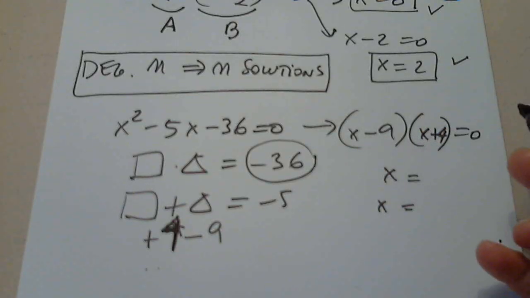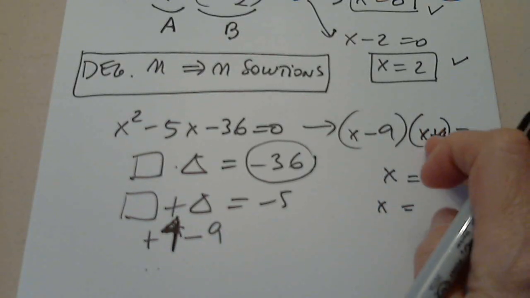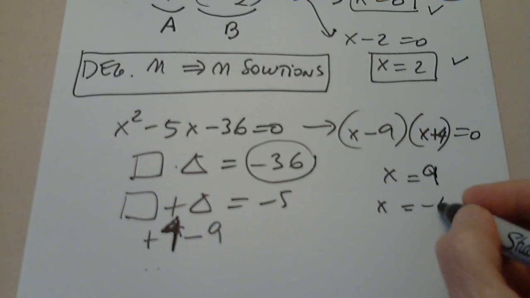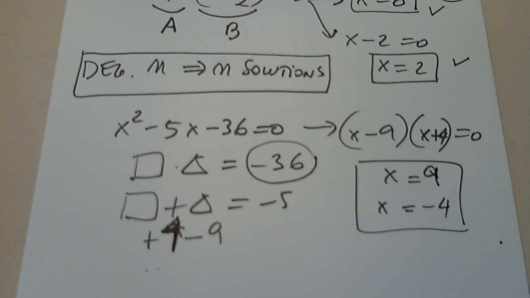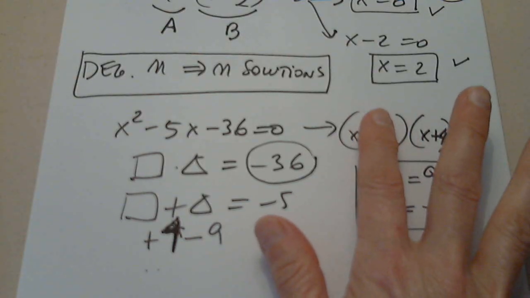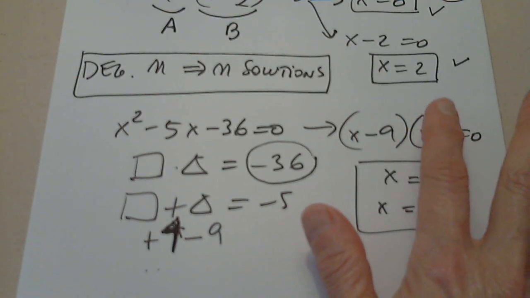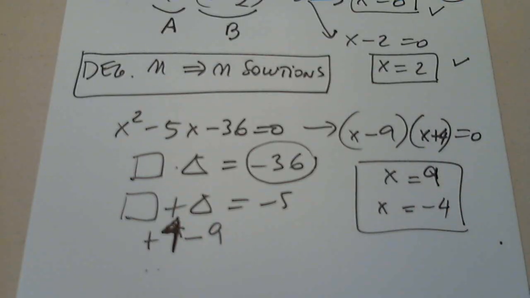So when x minus 9 equals 0, then x equals 9. When x plus 4 equals 0, we'll move 4 to the other side. When the first factor is set equal to 0, we get x equals 9. When the second factor is set equal to 0, we get x equals negative 4. Is that okay?